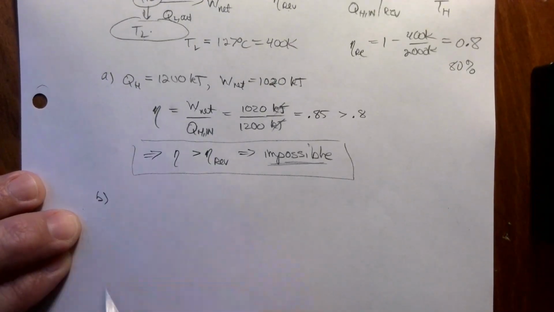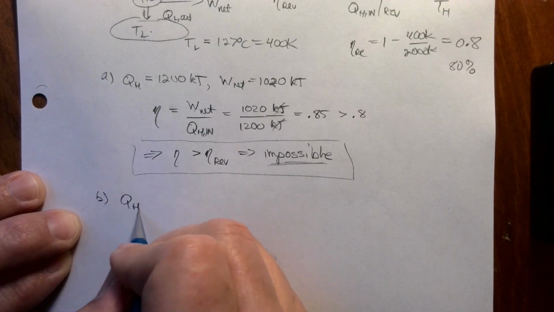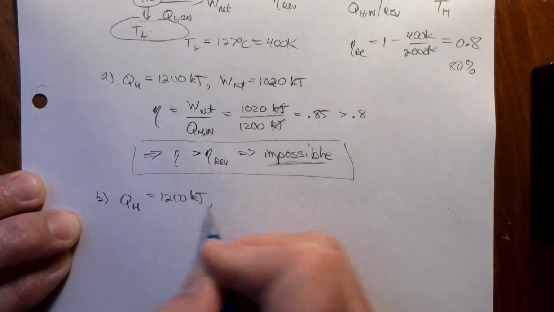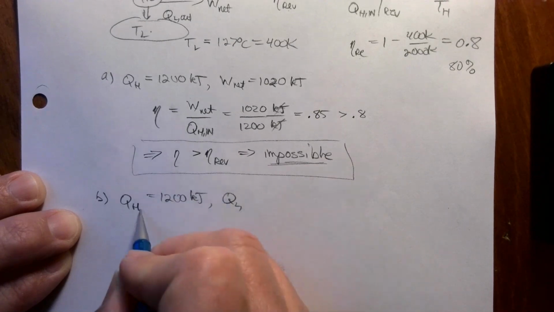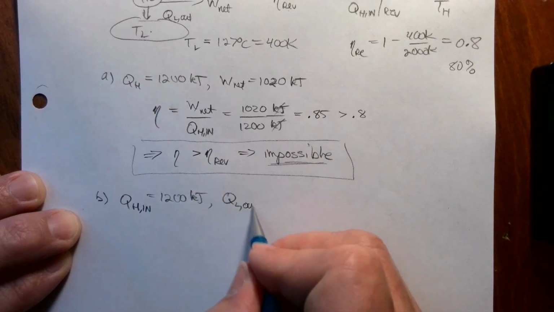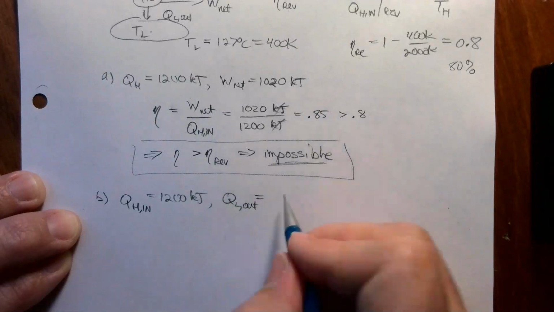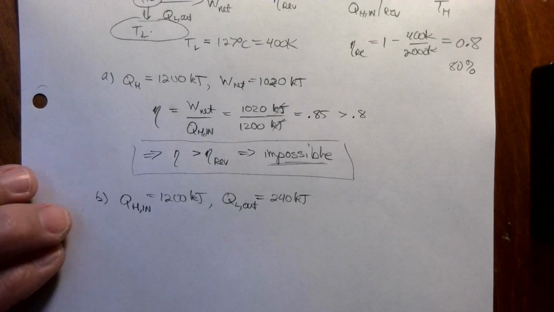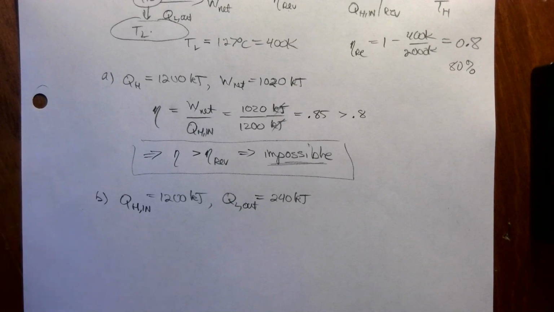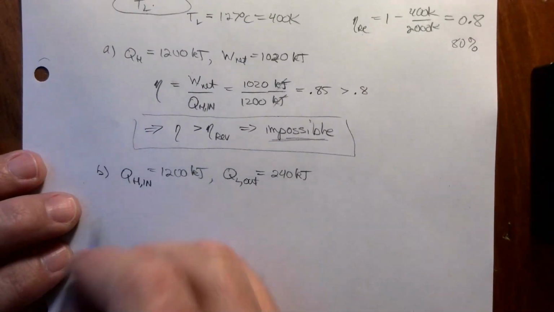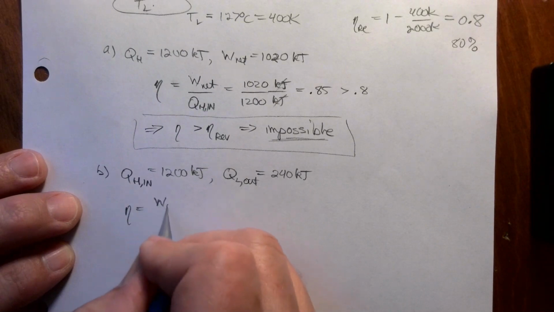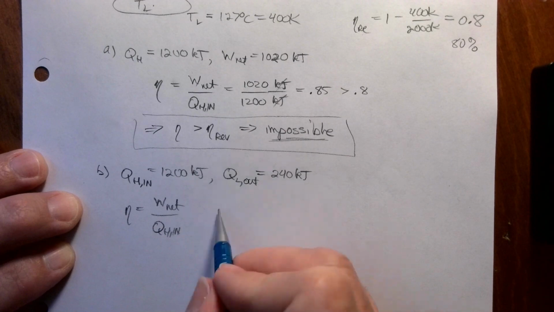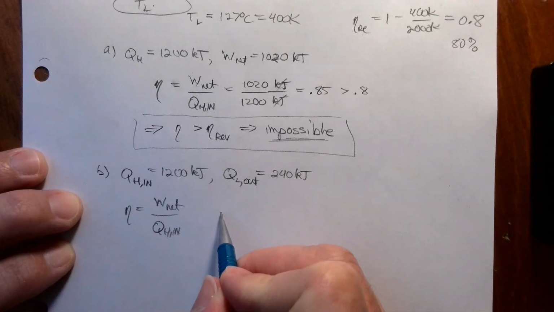Okay, so now let's look at part B. Part B says QH is equal to 1200 kilojoules again, but this time it's going to give us a QL out equal to 240 kilojoules. The thermal efficiency again is W net over QH in, and the other tool we have to work with is an energy balance.